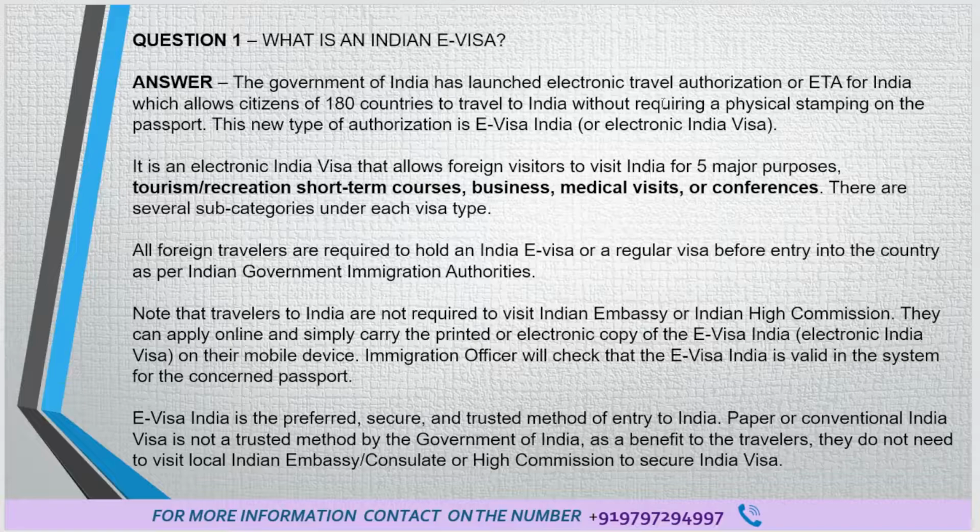But now, as the government of India has launched electronic travel authorization, that is also known as ETA, 180 countries are eligible for this e-visa facility. Now this e-visa can be applied for tourism purposes, business purposes, medical, conferences, medical attendant, and they have their subcategories also. These are the main purposes for which a traveler can apply for Indian e-visa.